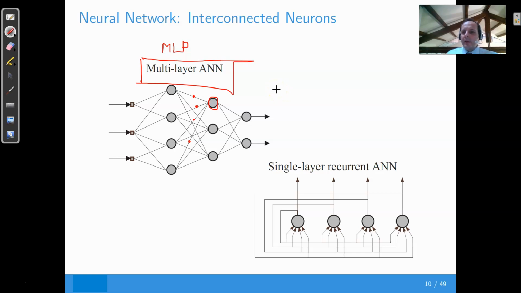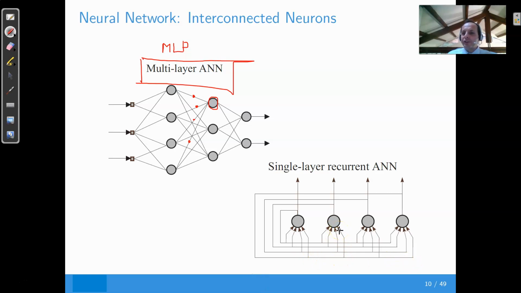We have another family of neural networks normally considered for dynamic applications, and in this case the output of one neuron is sent back to the input of the neuron.